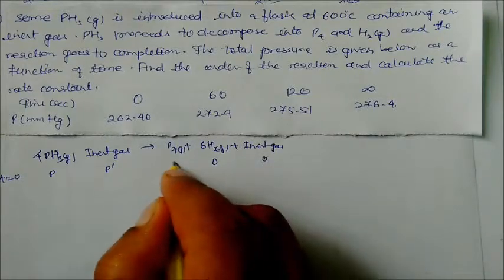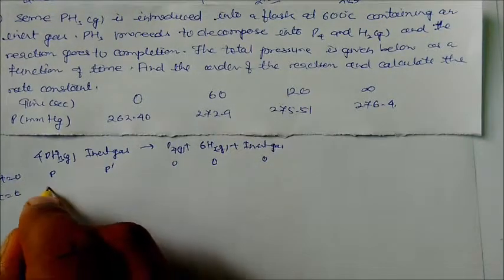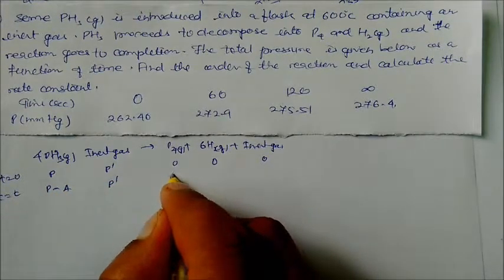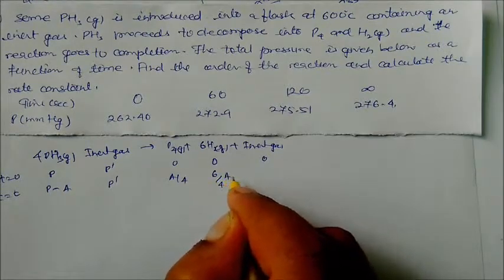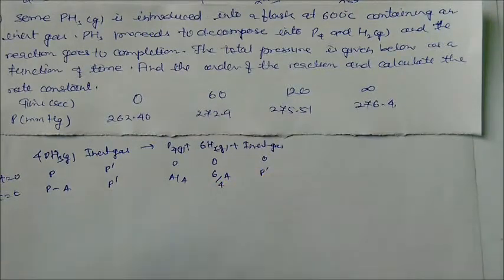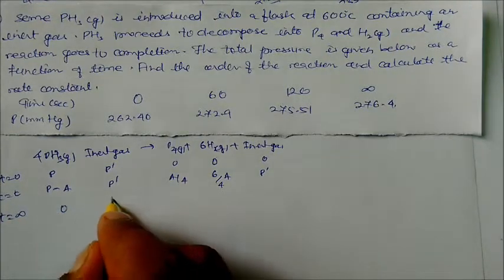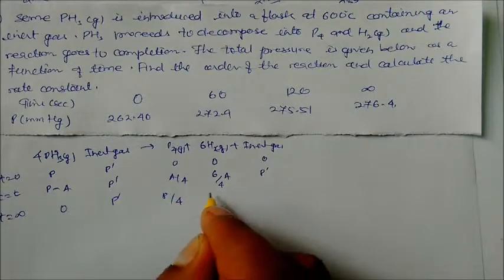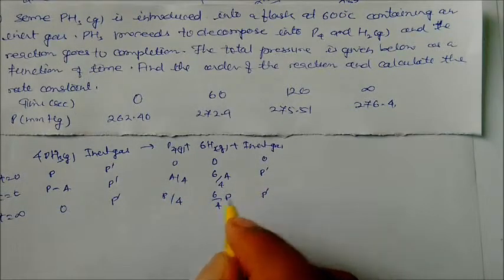So all will be 0, 0. Now if you take here t equal to T time, this will be your P minus a, this will be your P dash, this will be your a by 4, this will be your 6 by 4 into a, and this will be your P dash. This is at t equal to infinity, this will be 0, this will be your P dash, this will be your P by 4, this is your 6 by 4 into P, this is your again P dash.